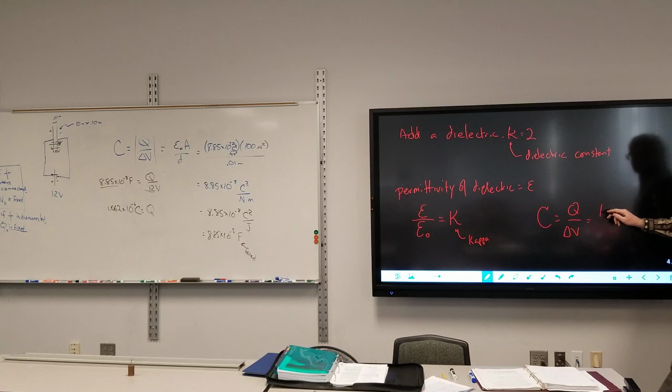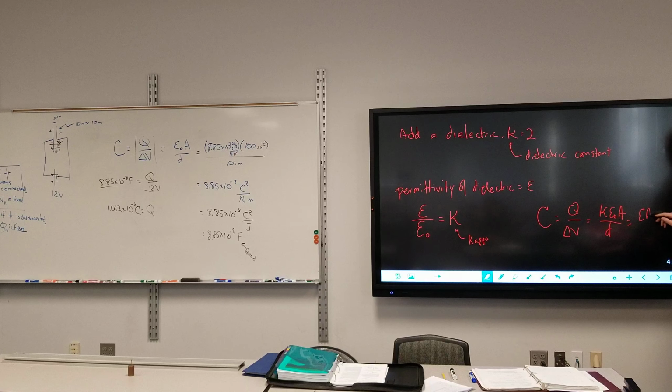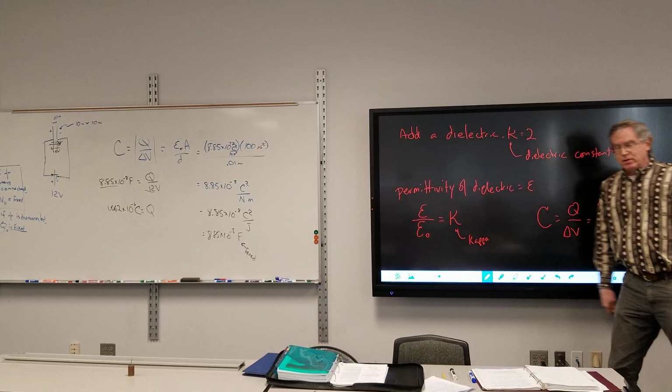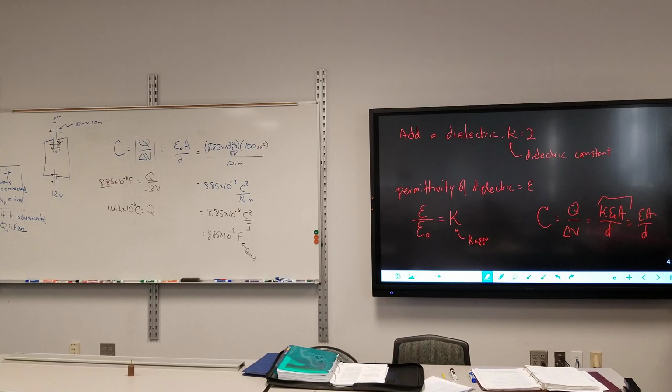And so what I do is I just multiply times kappa epsilon sub naught, A over D. Or if you prefer, epsilon A over D. This is the way it's more traditionally written, but really, kappa epsilon naught is just equal to epsilon. It pretty much goes for any equation where you see an epsilon naught. If you throw a dielectric into it, it's now kappa epsilon naught.